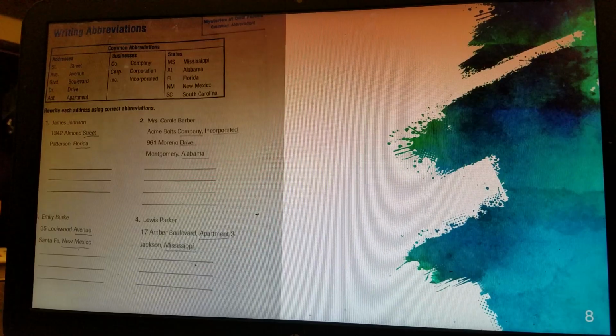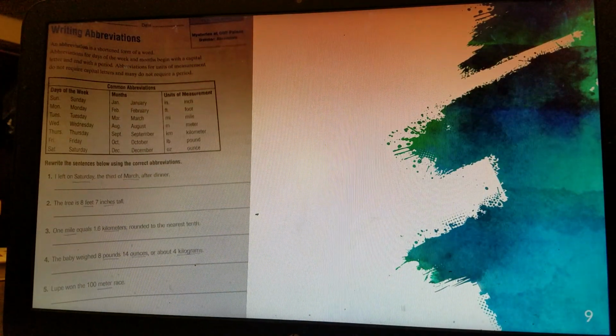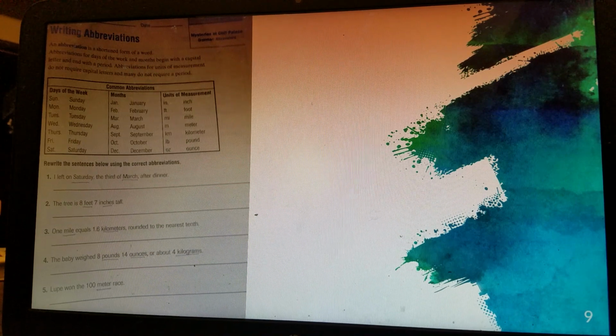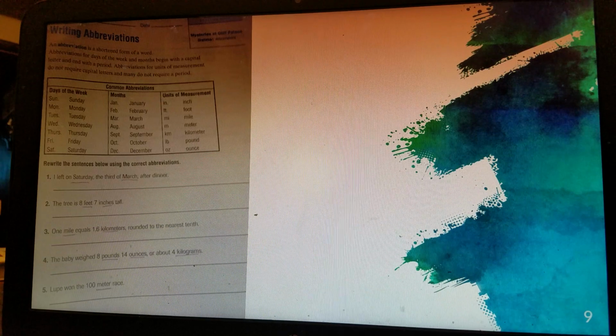Let's go to page 315. Okay? Right here, you will use some common abbreviations for units of measure. And you have here the months and the days of the week. Okay? But the ones I want you to pay close attention to are the units of measure, because we have not seen them on the chart before, okay?